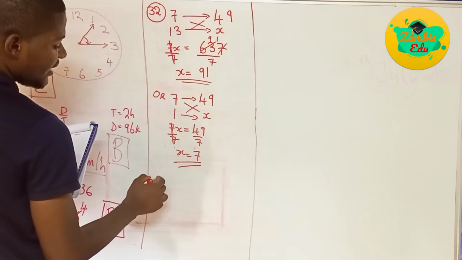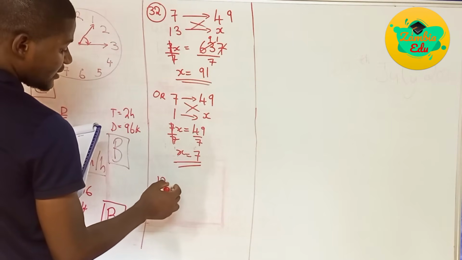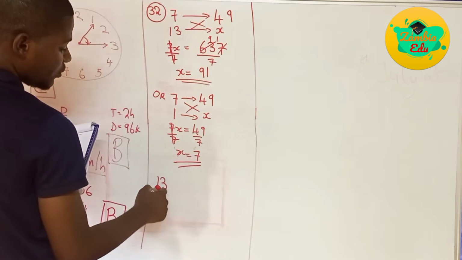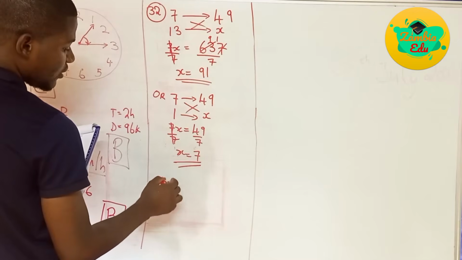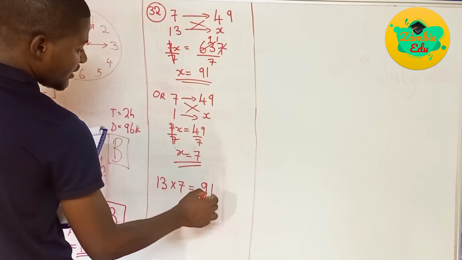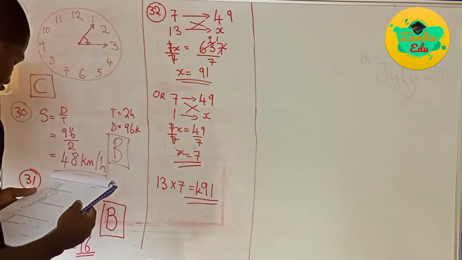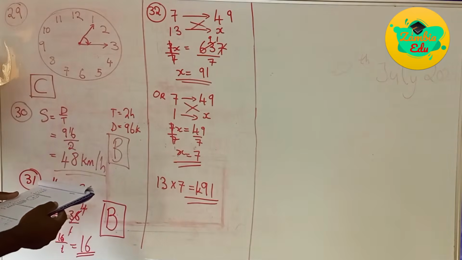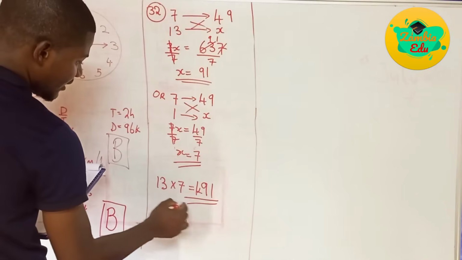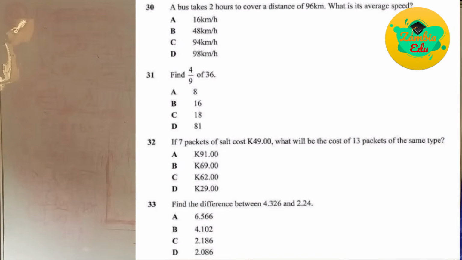For you to find the cost of 13 packets, you're going to do 13 packets times the cost of 1, which gives the same amount, 91 kwacha. So our answer for question 32 was A. So 91 is represented by A, 91 kwacha.